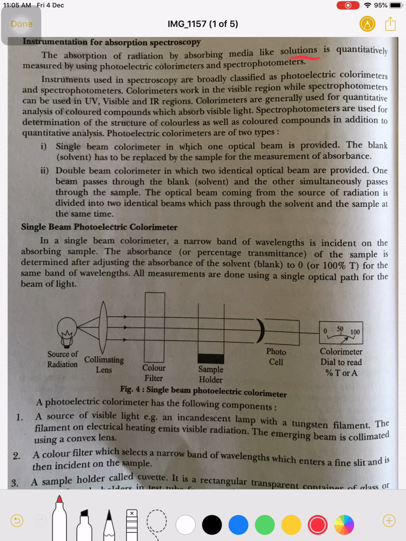By use of these instruments, we are going to determine the concentration of the absorbing solution.